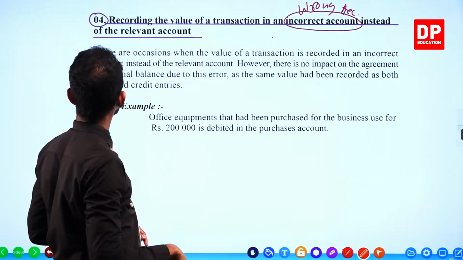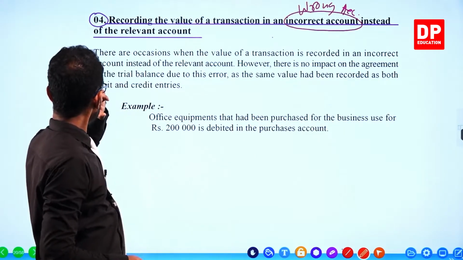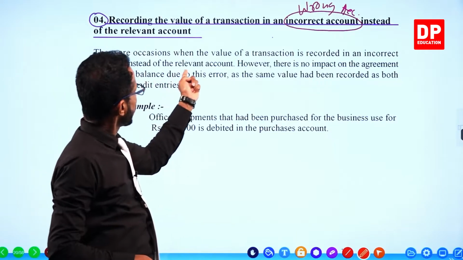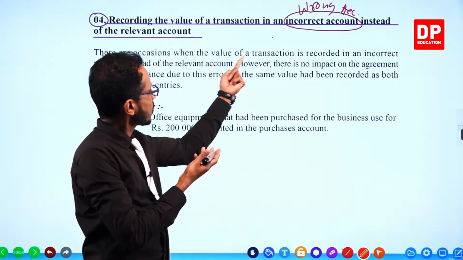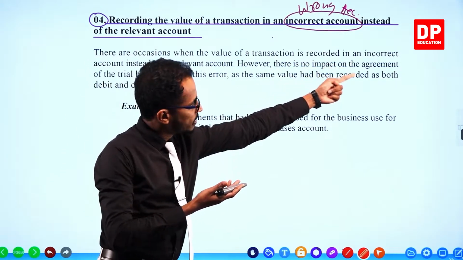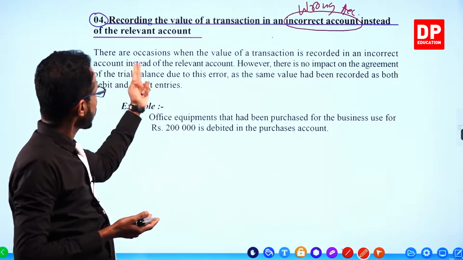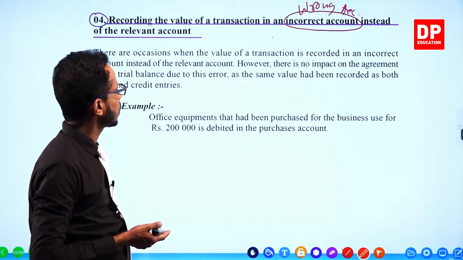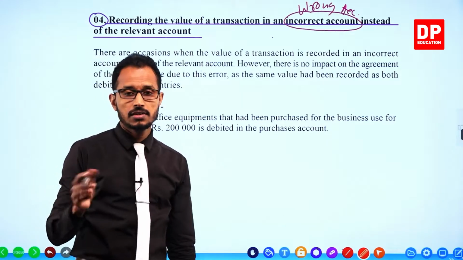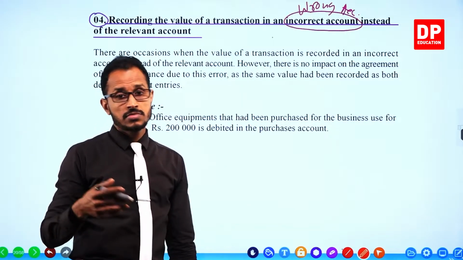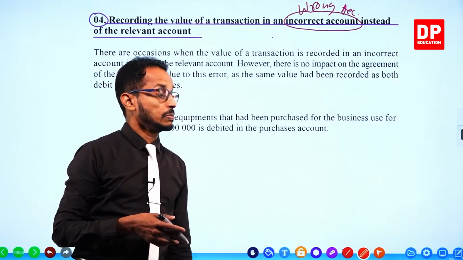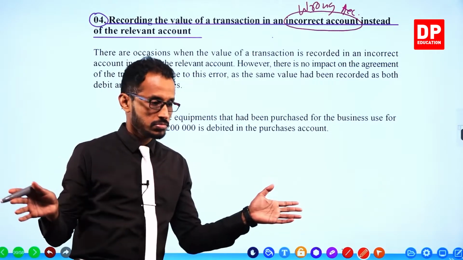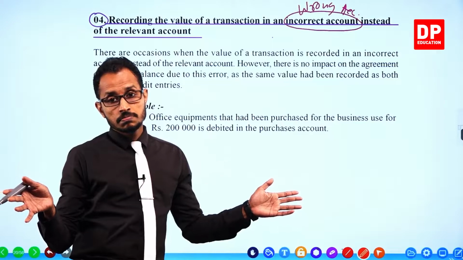Let's see. There are occasions when the value of a transaction is recorded in an incorrect account instead of the relevant correct account. Problematic, things which can mislead our stakeholders.